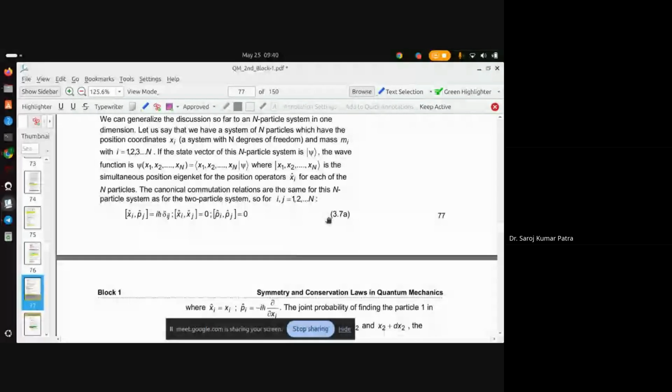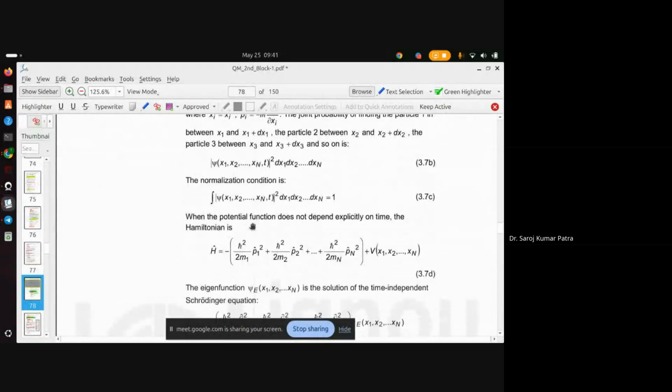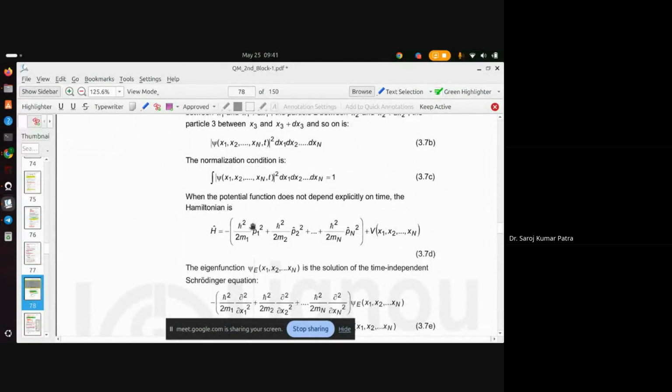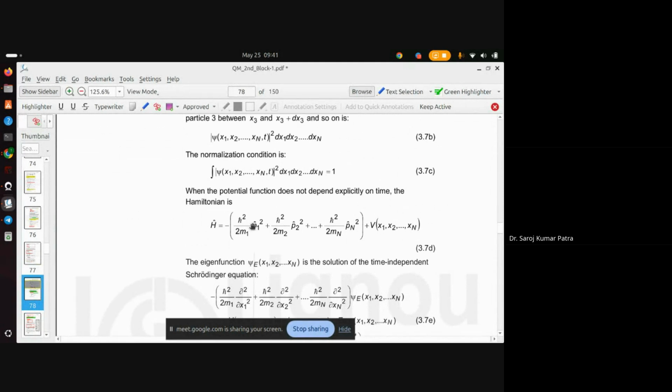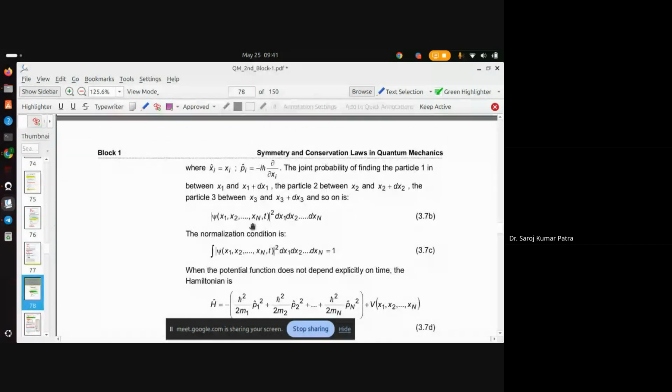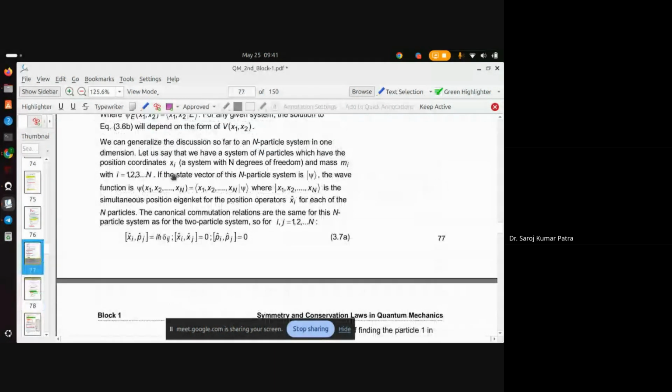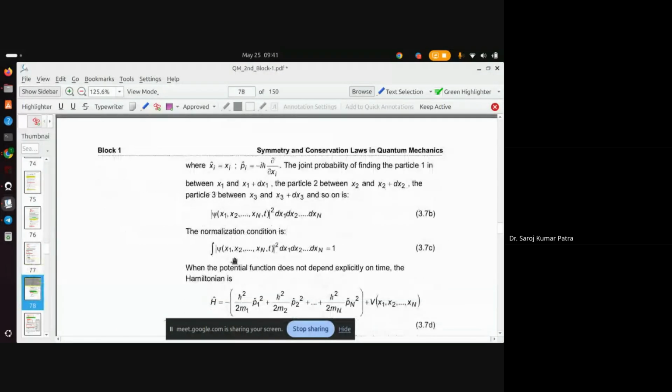And then equation 3.7a is the normal one that we already have discussed, the canonical commutation relation: [x_i, p_j] will be equal to i h cross delta_ij, and the [x_i, x_j] and [p_i, p_j] commutators are 0. What happens if we have n instead of 2? If we have an n particle system instead of a 2 particle one, we'll extend it.